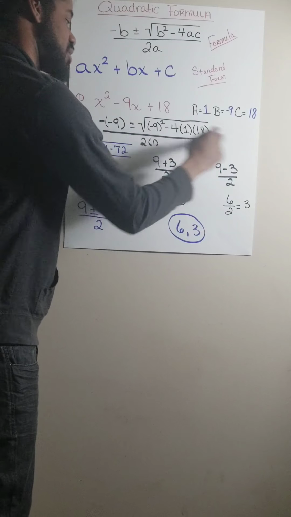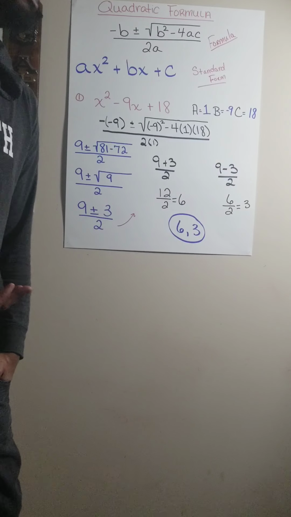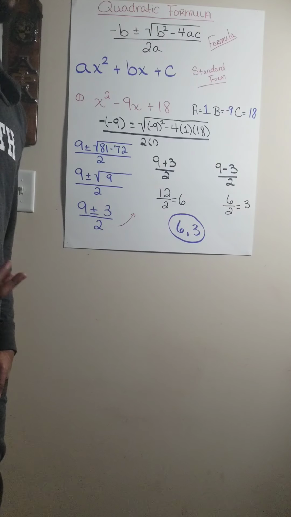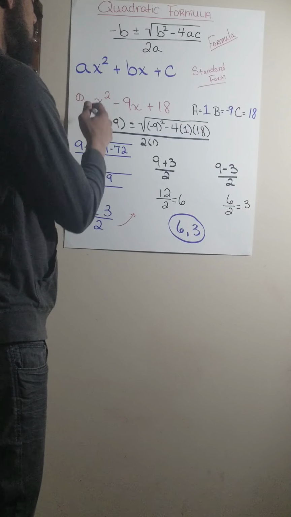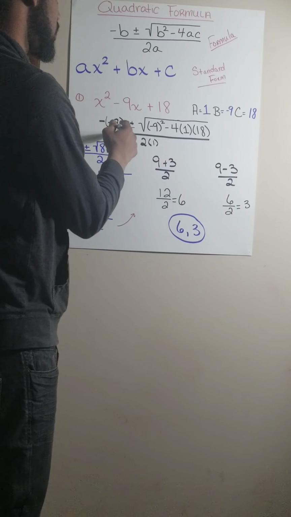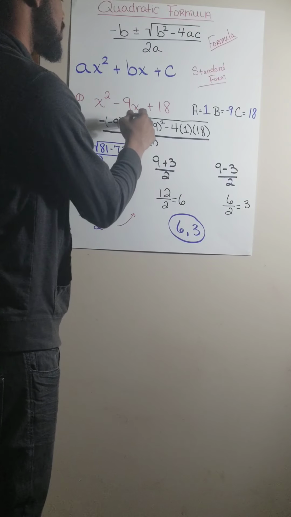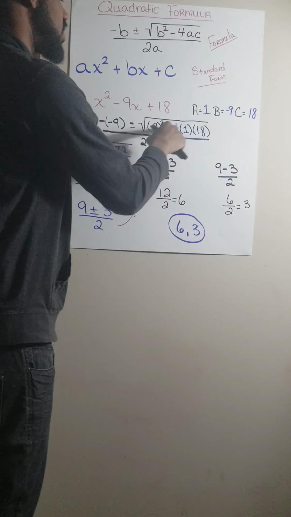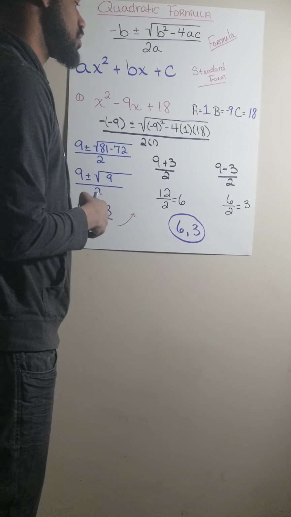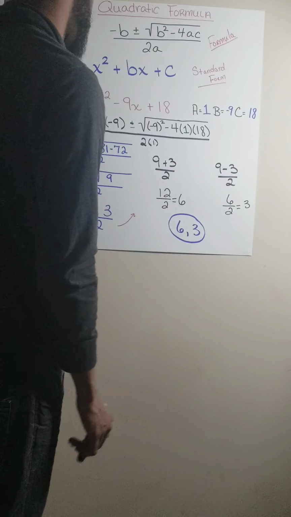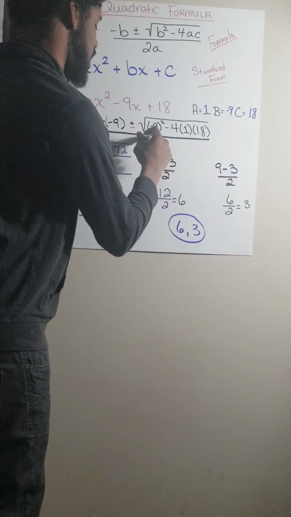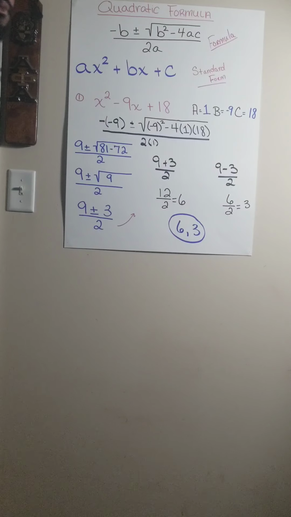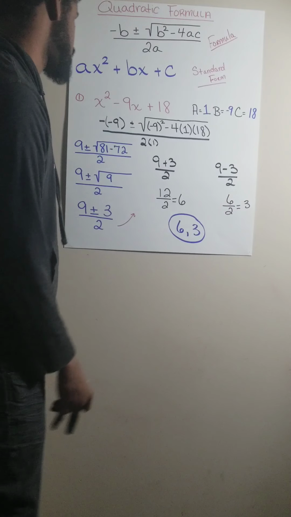So I have my top here, and I felt pretty comfortable and confident with that. So negative 9 plus or minus the square root of negative 9 squared minus 4 times 1 times 18. And that is all being divided by 2 times 1, which is 2.